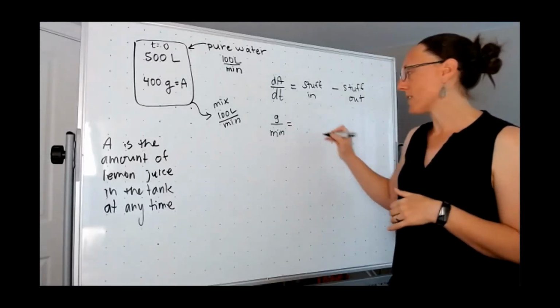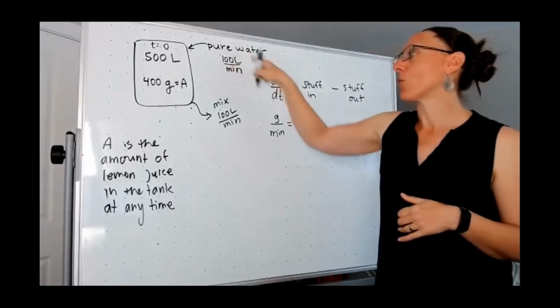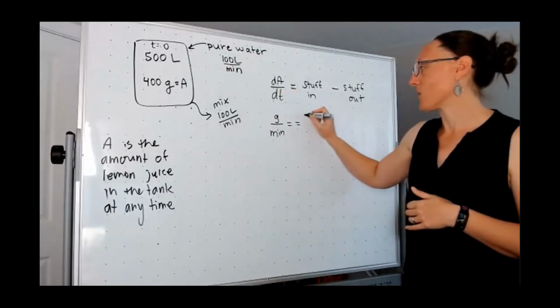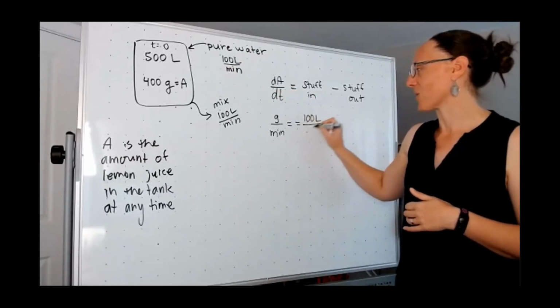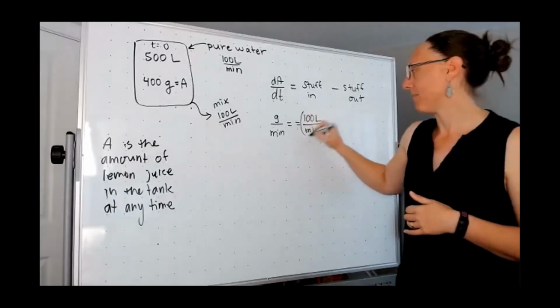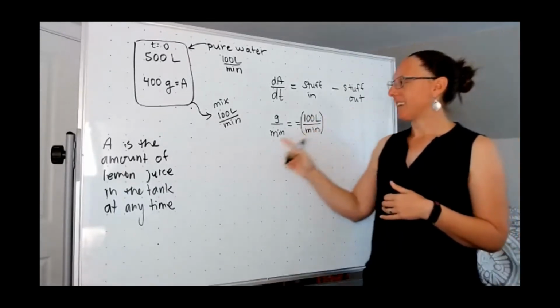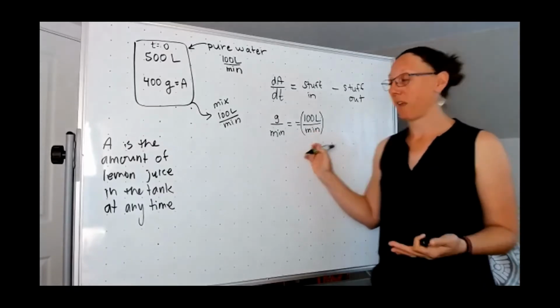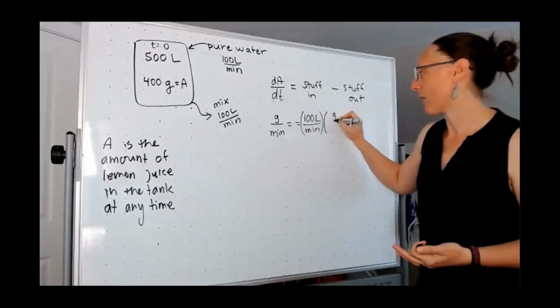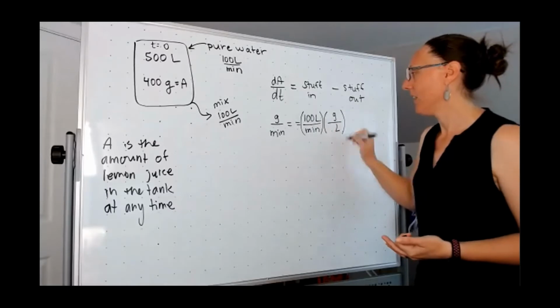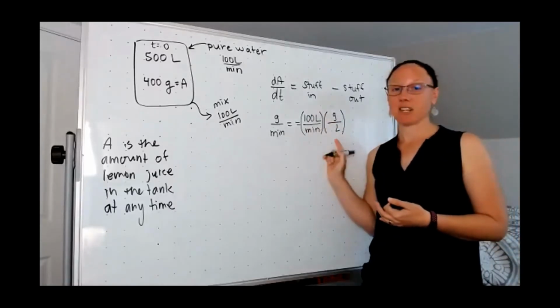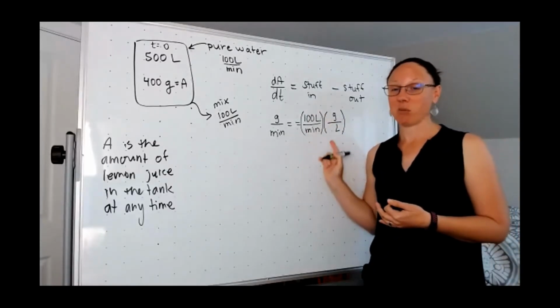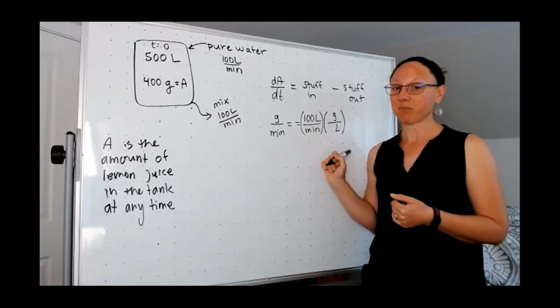Well, in terms of what's coming in, I know the rate that it's coming in is 100 liters per minute. These units don't work. I need to multiply this by something that has units of grams per liter in order for those liters to cancel out and to have the same units on both sides.